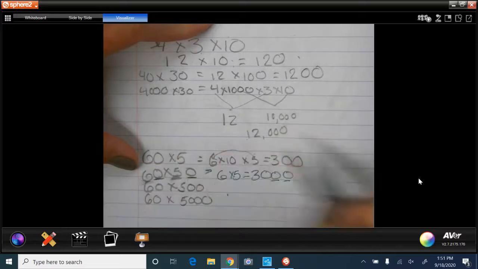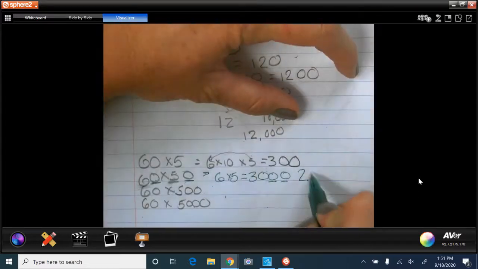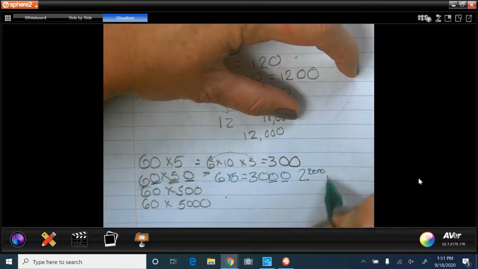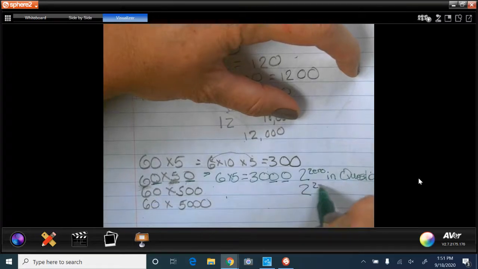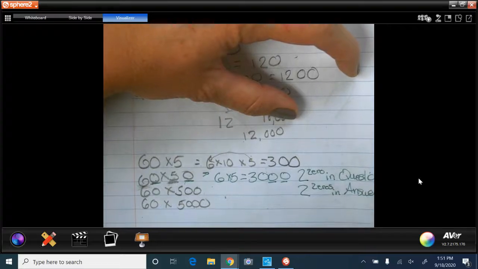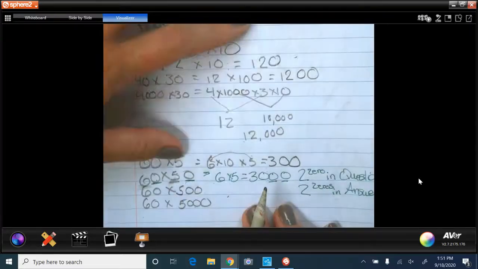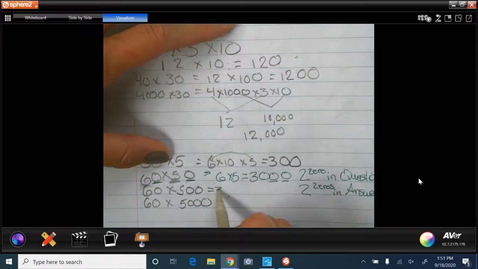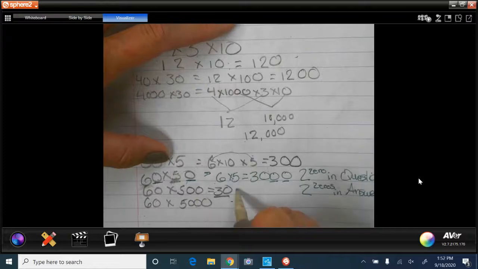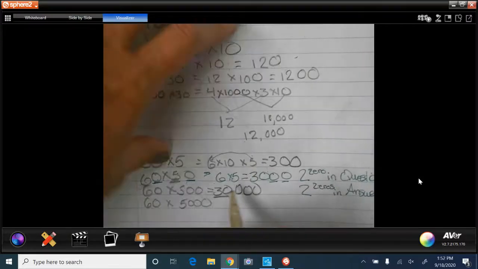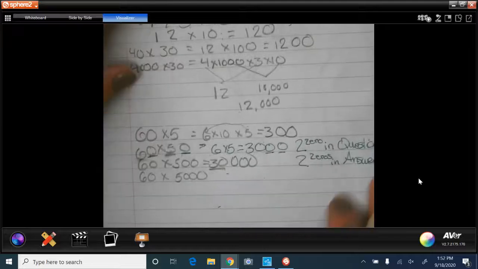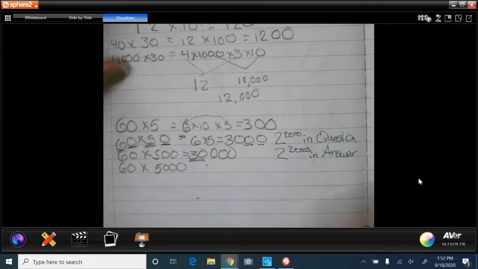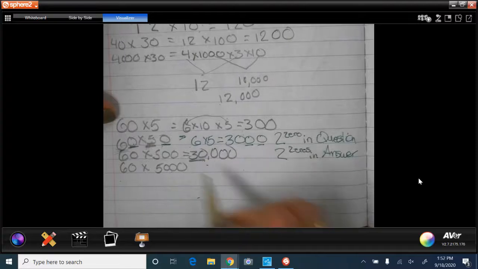So 2 zeros in the question gives me 2 zeros in the answer, which then makes all of it a whole lot easier. 6 times 5 is 30. That's my basic fact. And then I have 1, 2, 3 zeros. I'm not going to count the 0 from the 30 because that's my basic fact. But I do know that it's 30,000.